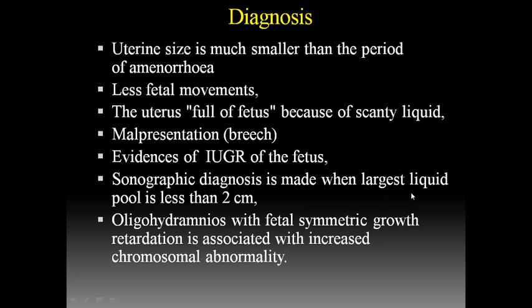Oligohydramnios with fetal symmetric growth retardation is associated with increased chromosomal abnormality. In the sonography, if you are identifying oligohydramnios along with fetal growth retardation, it indicates an increased chance of chromosomal abnormality. Then we have to advise the mother to go for further analysis.